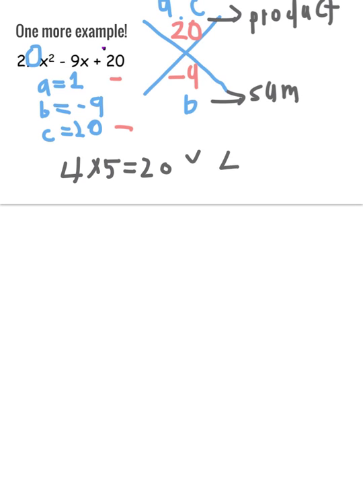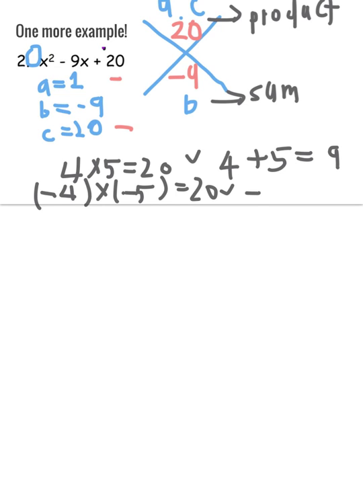Because when we add it together, it gives us +9 instead of -9. Oh, I got an idea. What about if I multiply -4 times -5? That gives us +20, and -4 plus -5 gives us -9. So we found these two values, -4 and -5.